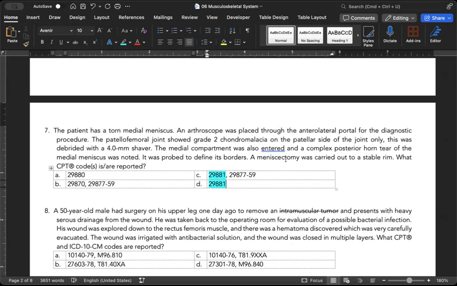It includes any debridement or shaving. So would we need to code the 29877? We do not need the 29877 because our shaving and debridement is going to be included in that 29881.